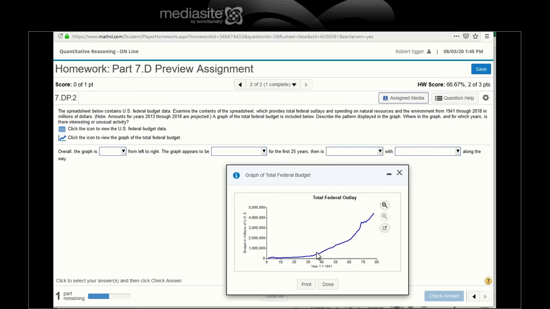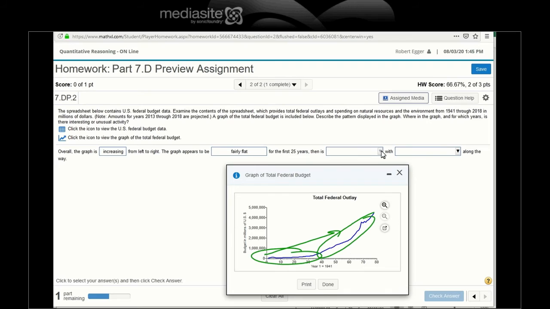So overall, this graph is, going left to right, increasing. The graph appears to be, what are my choices, for the first 25 years: steadily increasing, fairly flat, or decreasing. I say fairly flat. Then is it most steadily decreasing, most steadily increasing, or fairly flat?